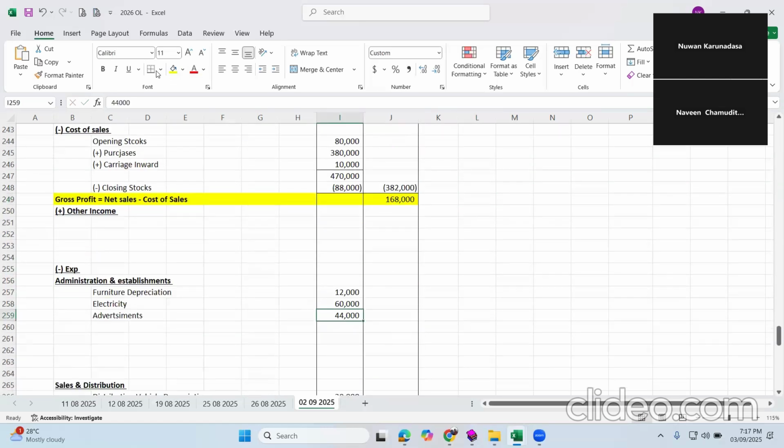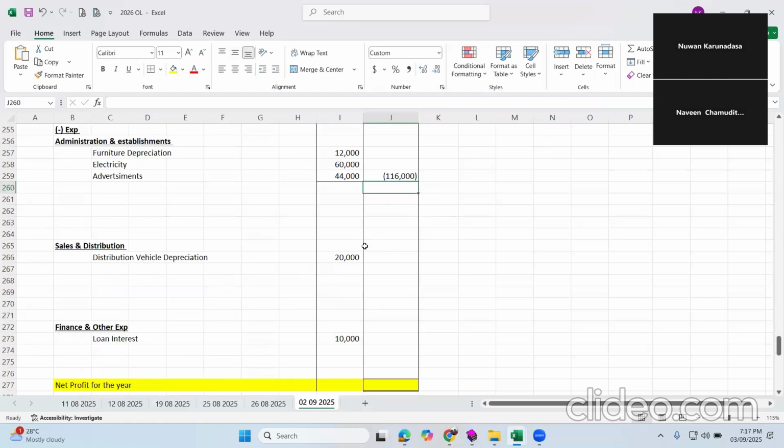We'll take the administration expense total to the other line. So these expenses have to be deducted. So 116,000. Then distribution vehicle depreciation is 20,000.